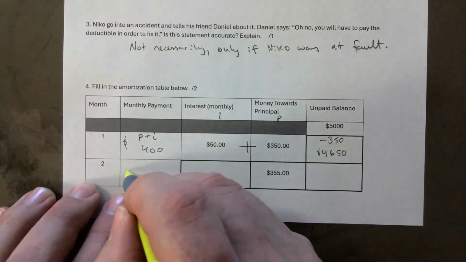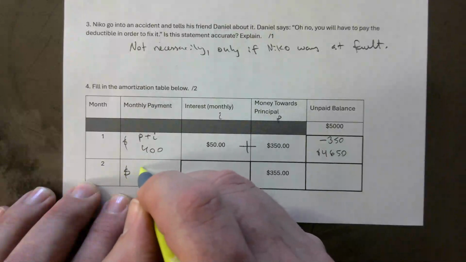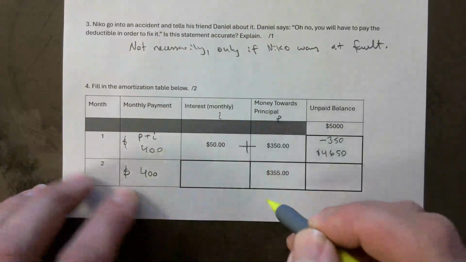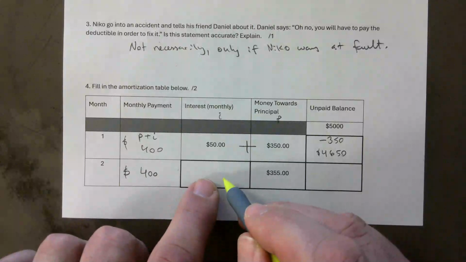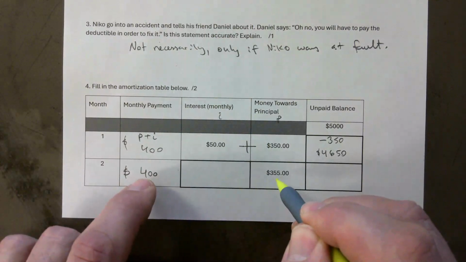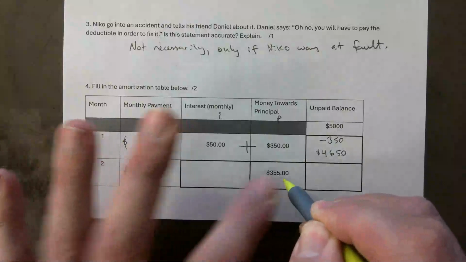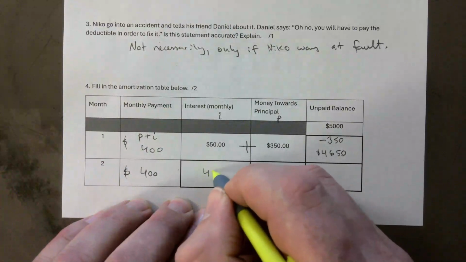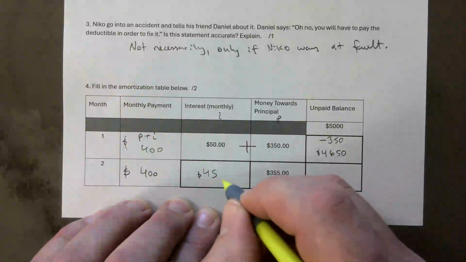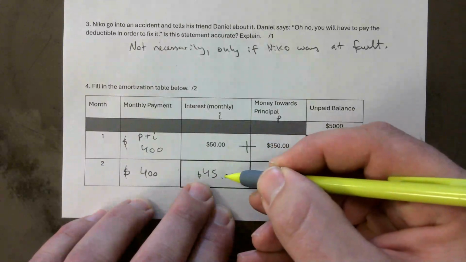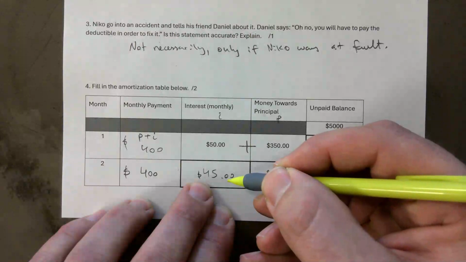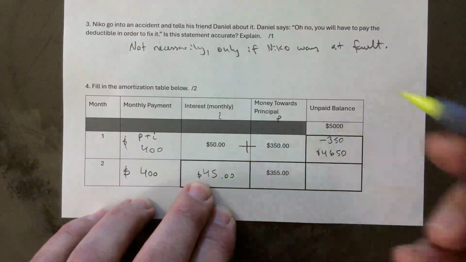What about this one? What's this going to be? Yeah, it's 400. Once you figure it out, it's 400. This one? Minus. You go payment minus principal, that would be 45? Does it make sense to be 45? It should go lower because you owe less the second month, right?